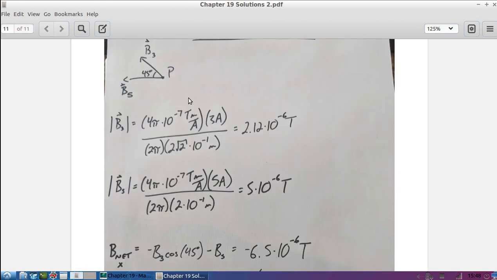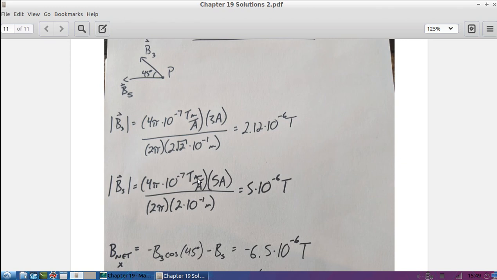So here's my diagram of the two magnetic field vectors. B5 is acting strictly in the negative x direction. B3 is acting at 45 degrees above the negative x-axis, in the negative x and the positive y direction. So we'll calculate the magnitude of B5 first, because it only has an x component.